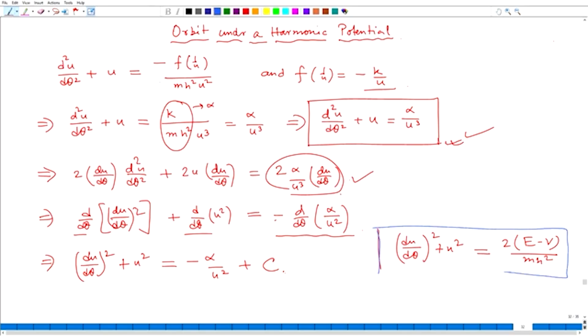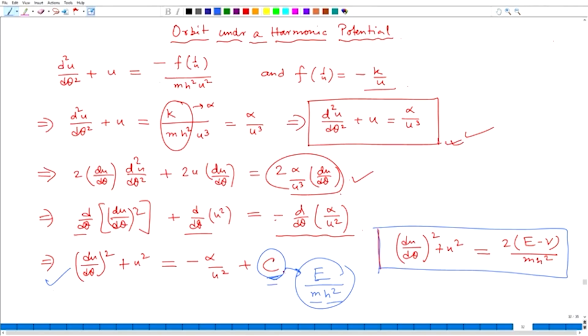If you compare this with this, you will find that this C is nothing but E by, I would say, m h². That is just to tell you that this C is not an arbitrary constant, but you can relate it to the total energy, the angular momentum, and the mass of the particle. But here we just take this C and continue our calculation.